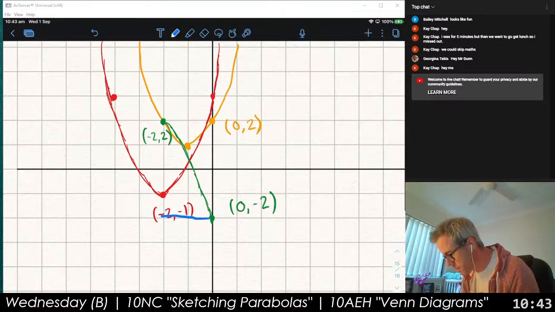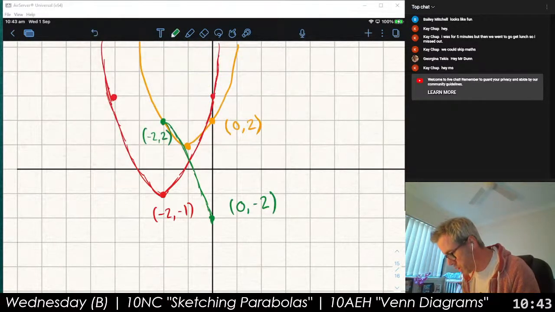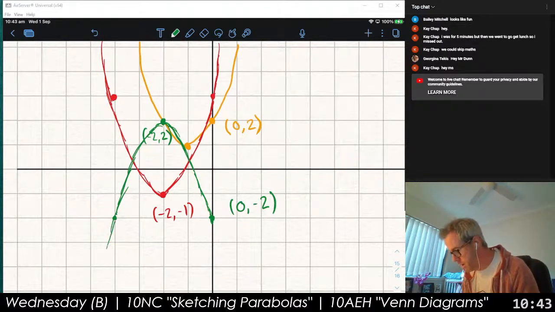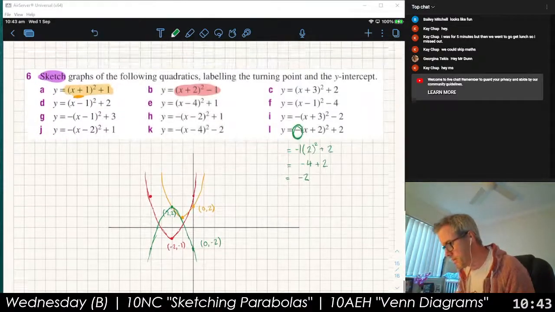We've got to 2, because that's our axis of symmetry, so I know it's going to be 2 over to the side. From there, I can just sketch my parabola like that. Again, not 100% perfect, but there it is. That's how we sketch our parabolas.